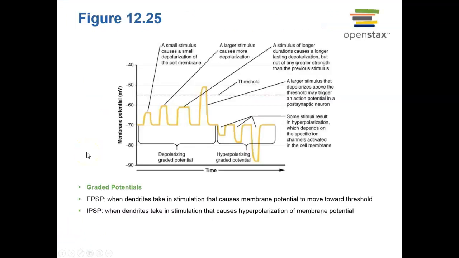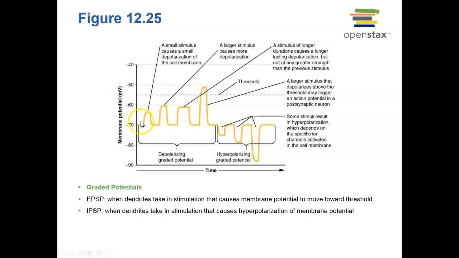Okay, so when you're looking at a muscle contraction, and this is a figure from my A&P full year course from OpenStax, that's from that book. When you think about a graded versus an actual action potential, a graded potential is one that increases or decreases the ion amounts, so the positive or negative ions within the cell.